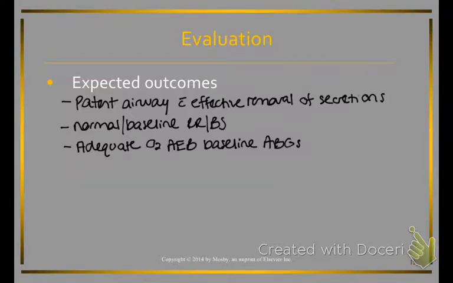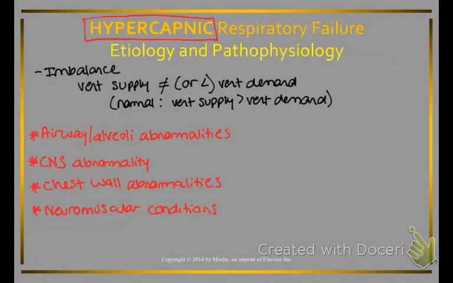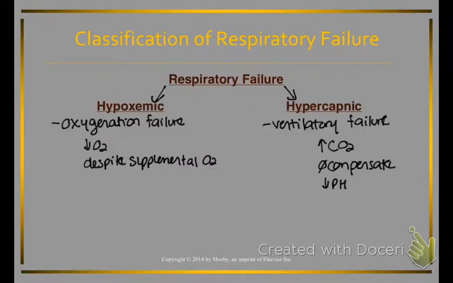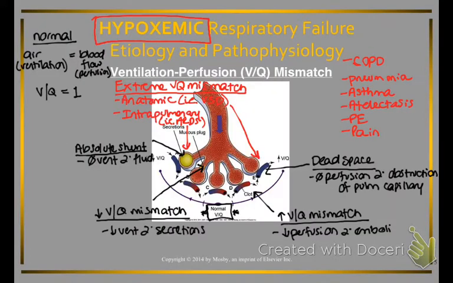So way back in the beginning, we said it's either because of too little O2, so hypoxemic, or too much CO2. And that's either because we have this mismatch going on, right?